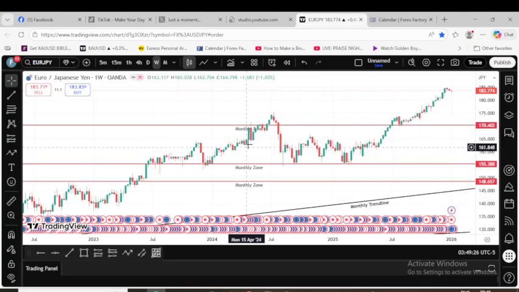So we go down to the weekly time frame and we do the same thing. We identify our zones. This is a zone right around here.